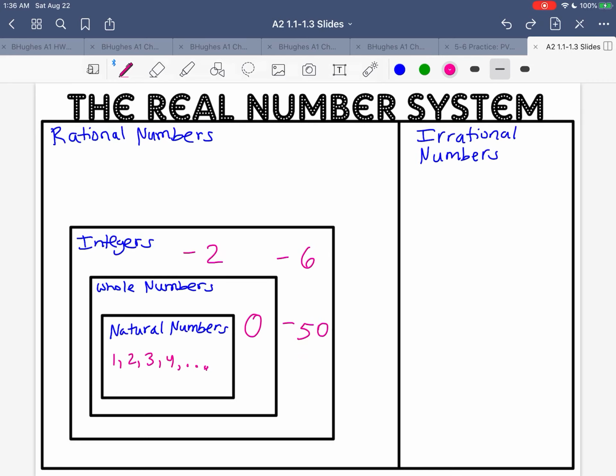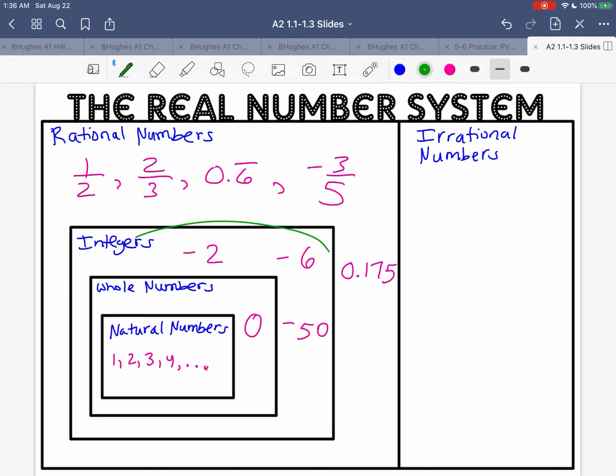And then finally, rational number starts including fractions and decimals. So we have 1/2, we have 2/3, we have 0.6 repeating, we have -3/5, we have 0.175. Those are all examples of rational numbers that include fractions and decimals.